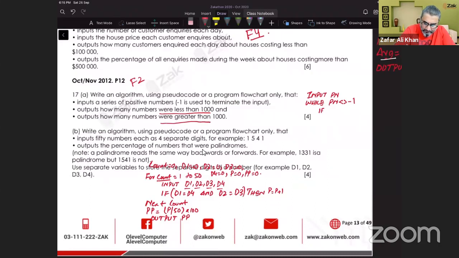So if positive number is greater than 1000, then count in A. A is equal to A plus 1. If positive number is less than 1000, then count in B. B is equal to B plus 1.